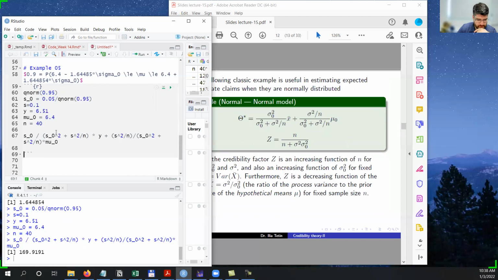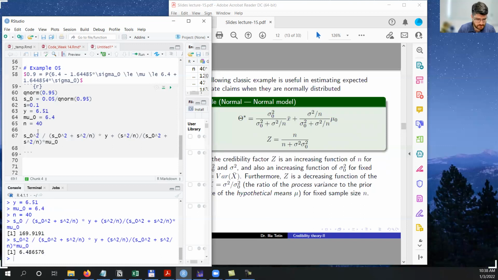So we have to replace S0 squared, then divided by that times S0 squared over n S0 squared plus x. Yeah, so now it should be 6.48, and this is correct.